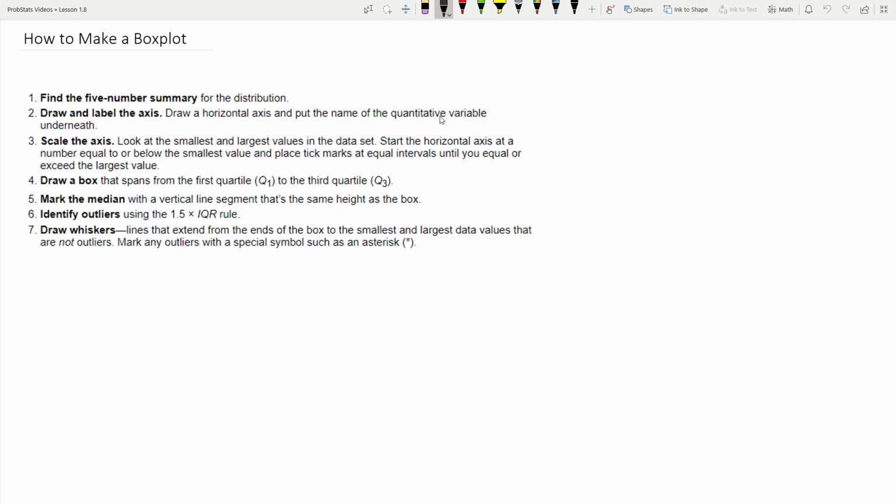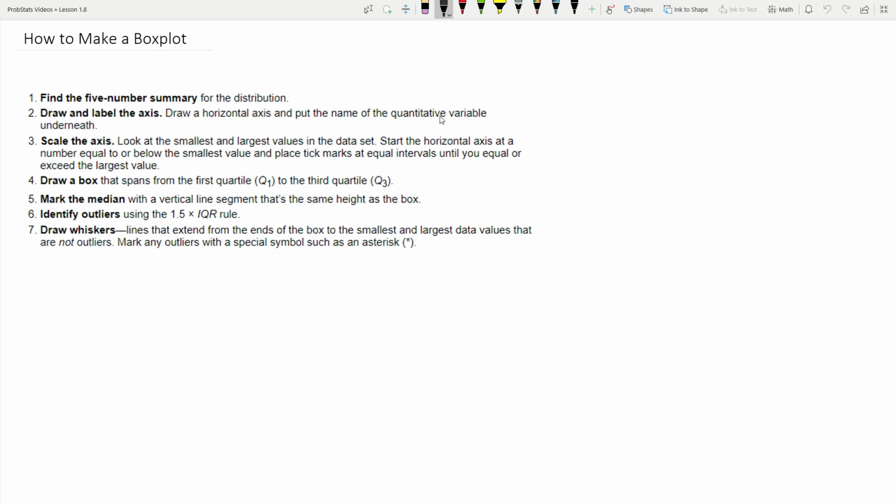How do we make a box plot? Well, we need to find the 5-number summary for the distribution. So we need to find those 5 numbers earlier: the minimum, first quartile, second quartile, third quartile, and maximum. Then we draw and label a number axis. We scale the axis with numbers, and then we draw a box that spans the first quartile to the third quartile.